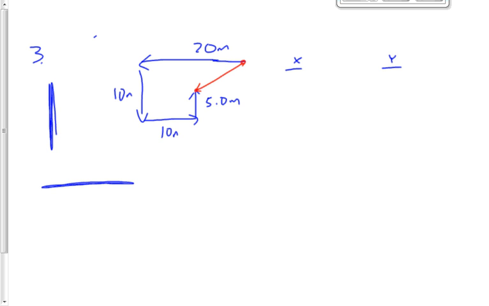First question, or the first vector I should say. How much of that 20 meters is x? Good. Negative 20, obviously, because it's all on the x-axis. Negative because it's going to the left on the x-axis. So negative 20 meters.